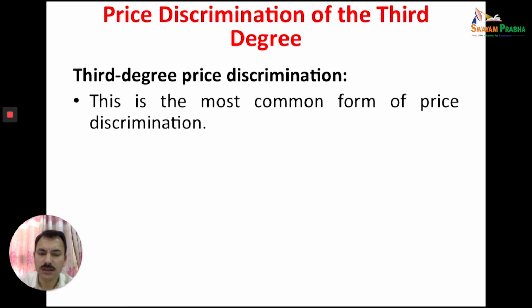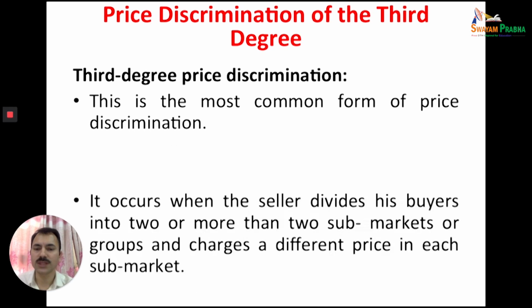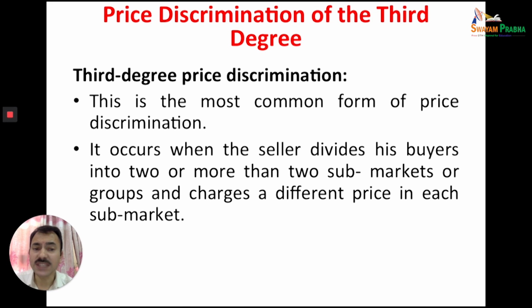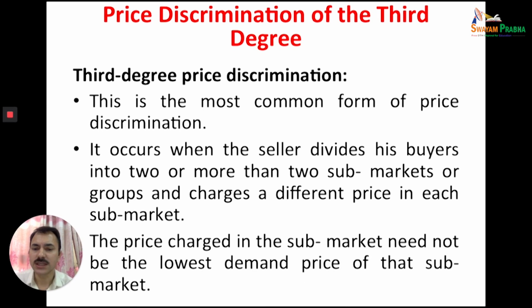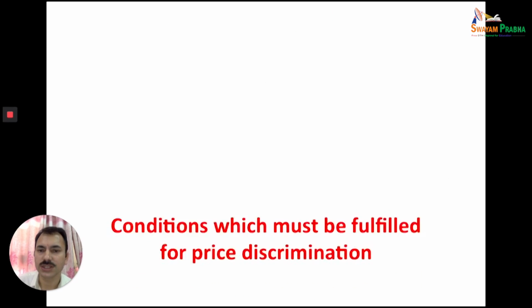Here the monopolist divides the entire market into 2 or 3 groups and charges different prices from each group. It occurs when sellers divide the buyers into 2 or more submarkets or groups and charge different prices in each submarket. And the price charged in a submarket need not be the lowest demand price for that submarket.